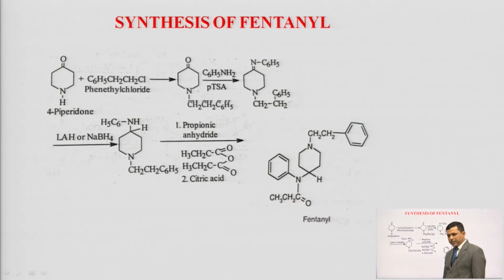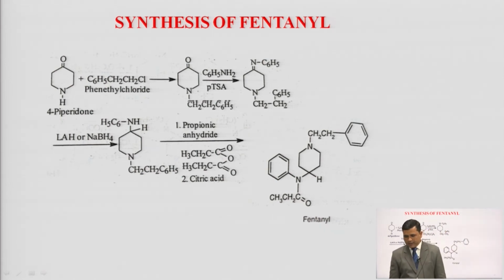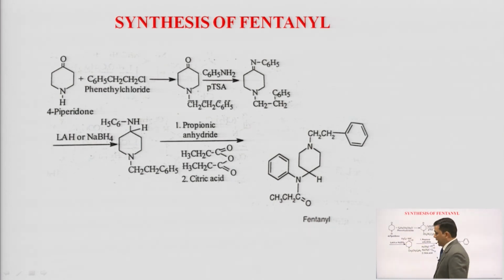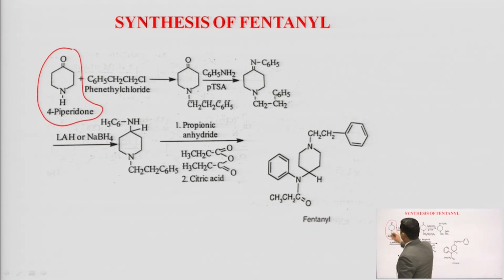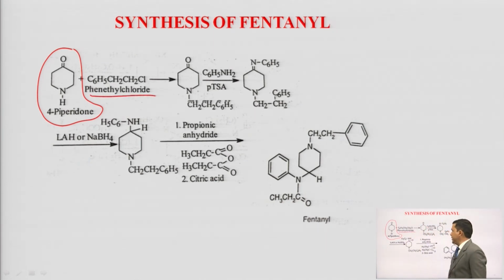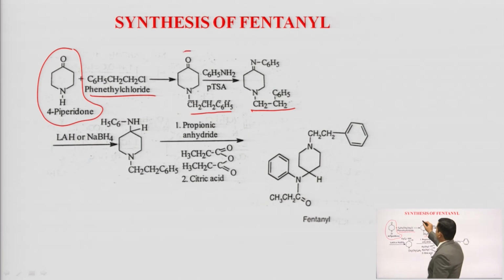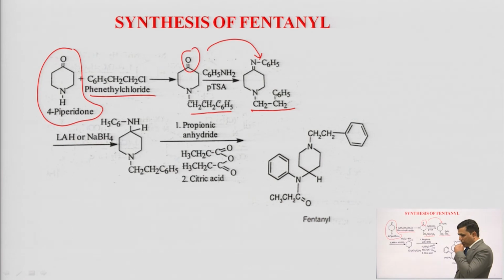Next is the synthesis of fentanyl. We can synthesize fentanyl from 4-piperidone. 4-piperidone in the presence of phenethyl chloride is converted into the first intermediate, and in the presence of aniline, it is converted into the second intermediate. Here the CO group is converted into NC6H5.